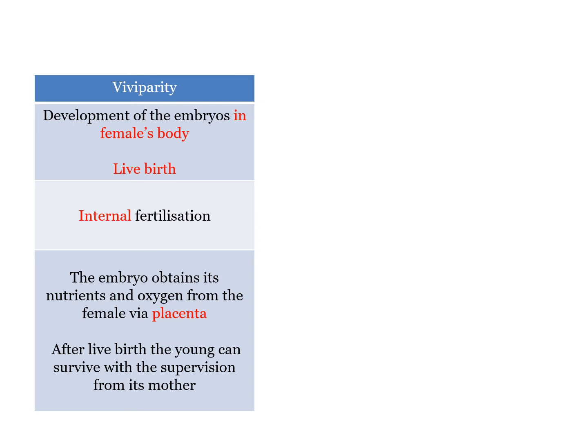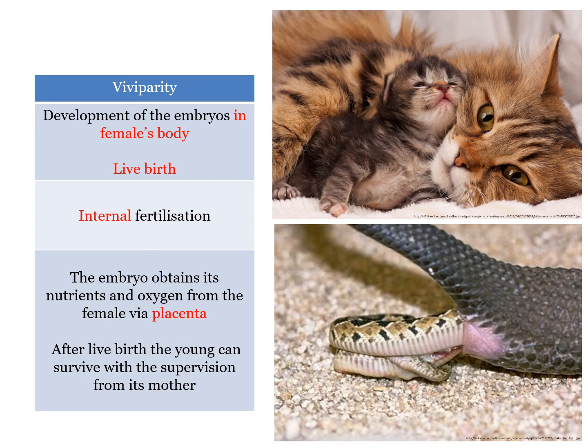The embryo relies on the placenta to transport nutrients and oxygen from the mother. Once the embryo is fully developed, the mother will give birth. The keywords here are live birth and placenta. Examples of viviparous animals are cats and certain species of snakes.